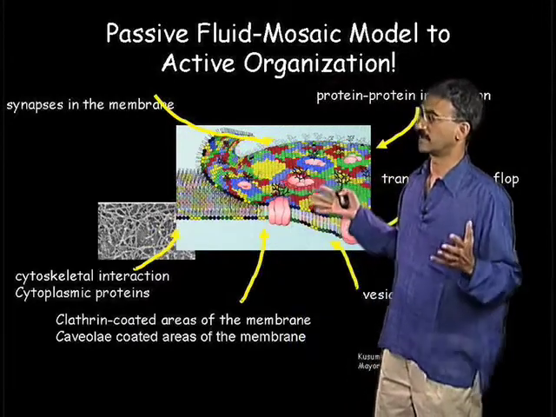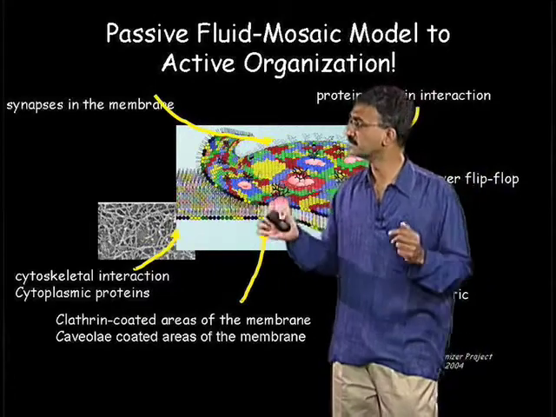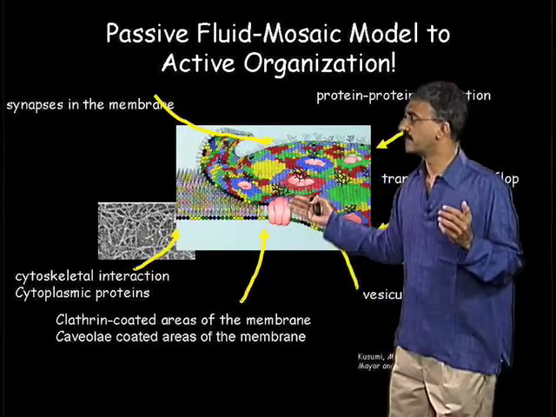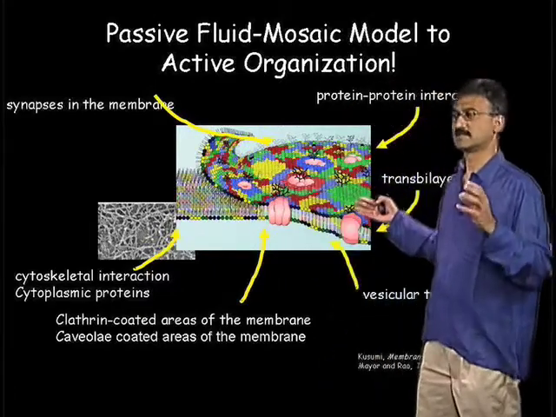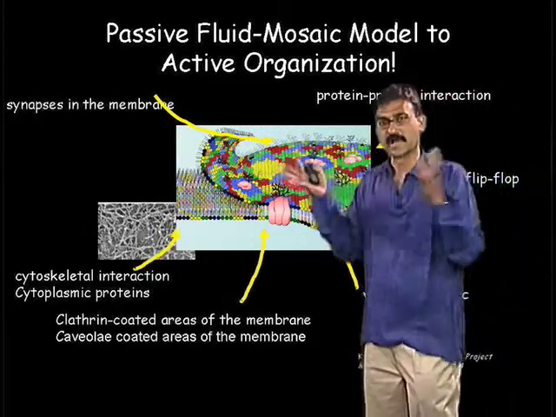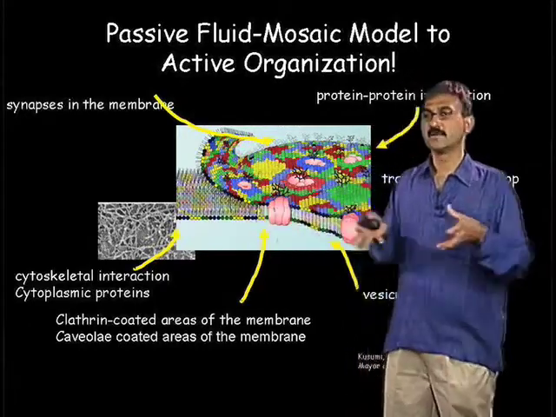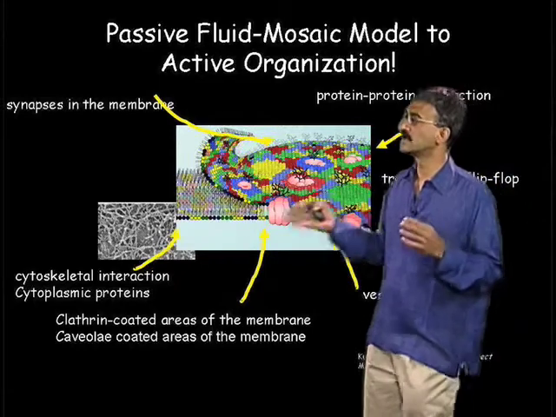And there are multiple things going on in the membrane that could influence the local organization of components. There's transbilayer flip-flop mechanisms which can change the local composition of lipids. There are protein-protein interactions whose aggregation can again change the nature of the lipids surrounding these protein-protein aggregates.